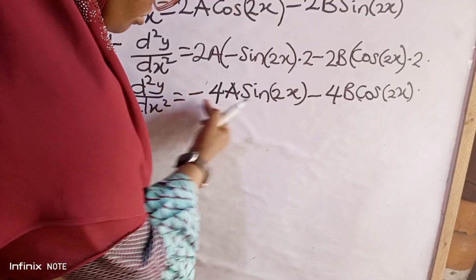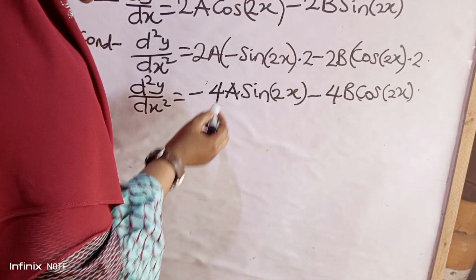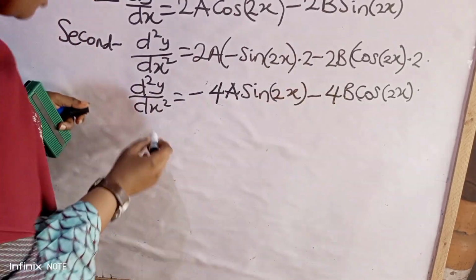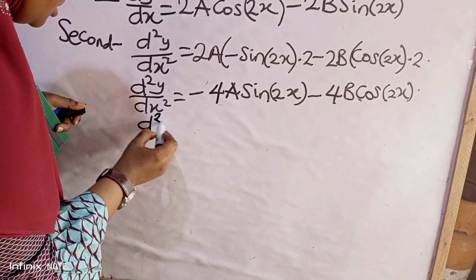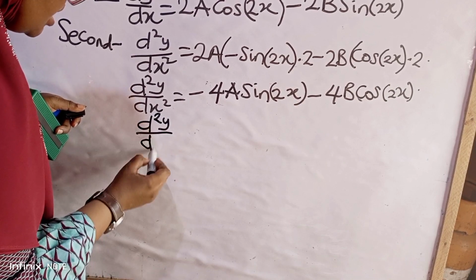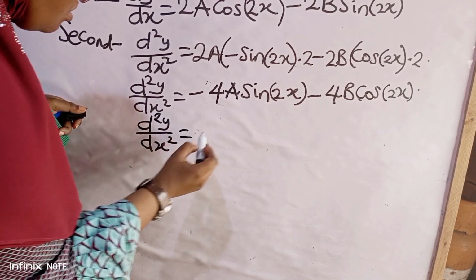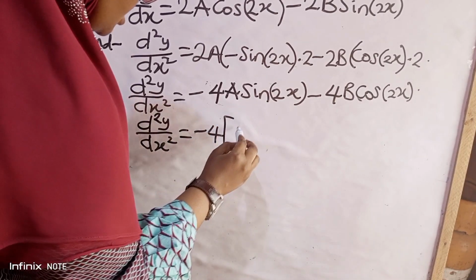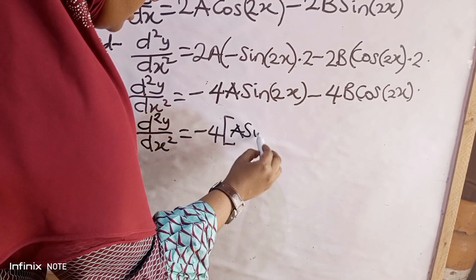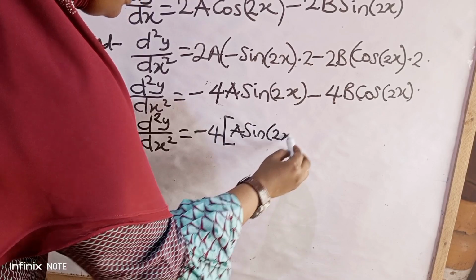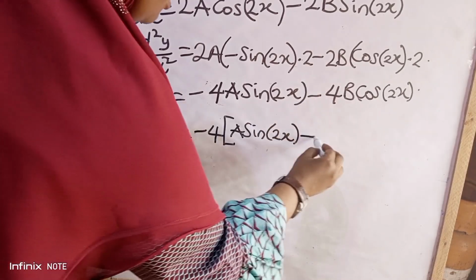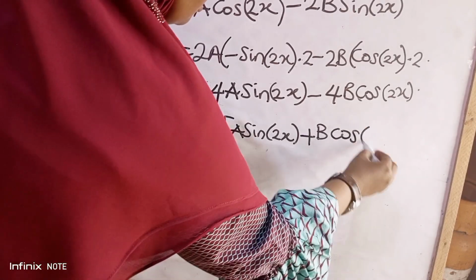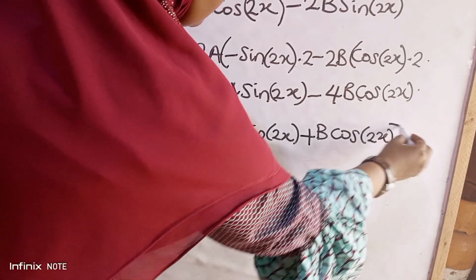Looking at the right hand side, you can see that they have -4 in common, so let's factorize -4 out. We have d squared y/dx squared equals -4 times (A sine 2x plus B cos 2x).